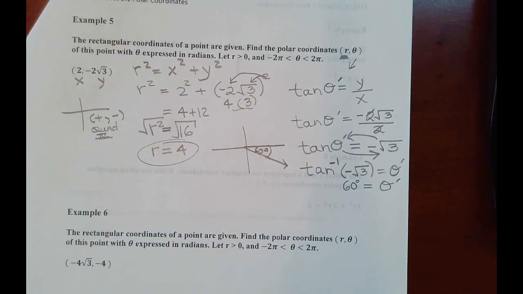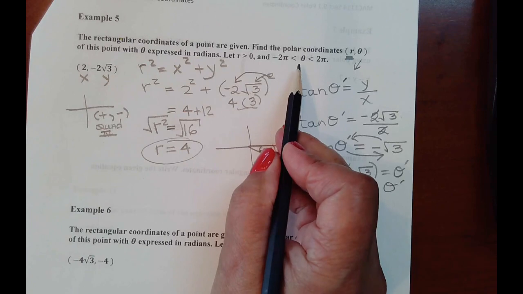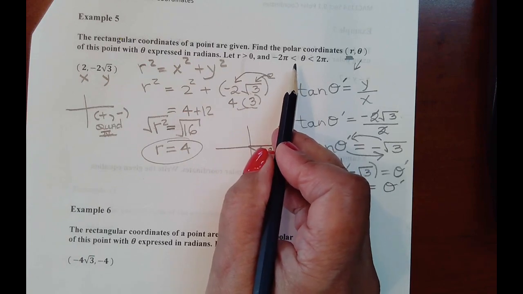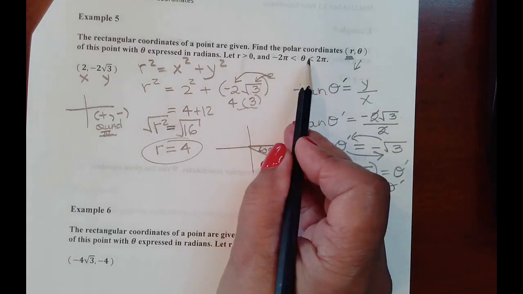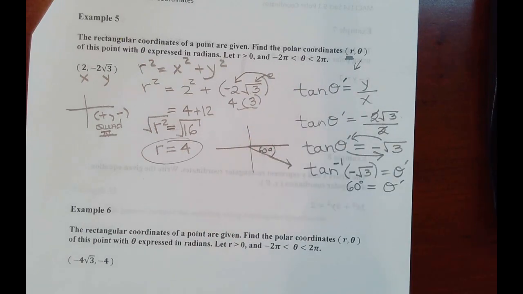Now let's look at the directions that are being given for this particular problem, because they can change up the directions on you, and you have to know what you're being asked for. So if you're being asked for an angle that's between negative 2 pi and positive 2 pi, that means that they're allowing you to rotate negatively when you go and report your theta.